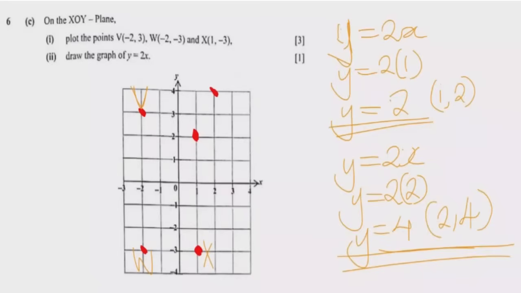Once we have plotted those points, we can now draw a line. Let's try to draw a line that passes through these points.